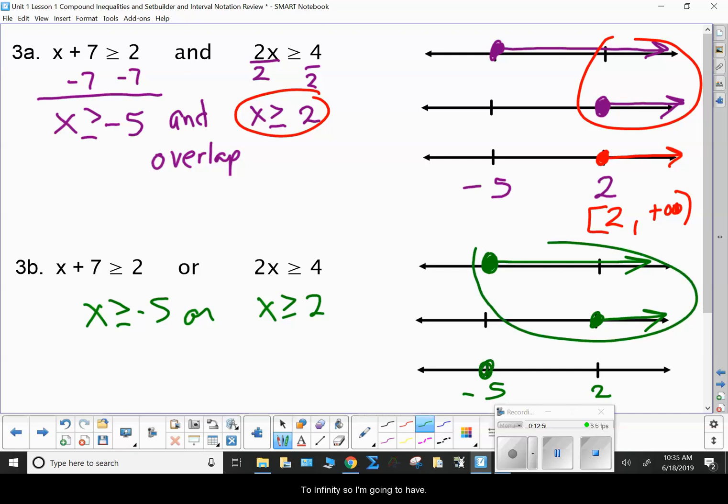So I'm going to have from -5 to positive infinity. This becomes my answer if it's an or. Notice there is a difference. It makes a difference. The word and or or matters.